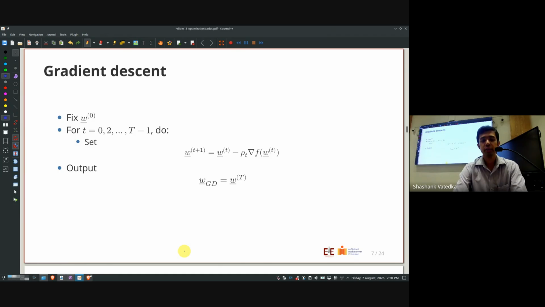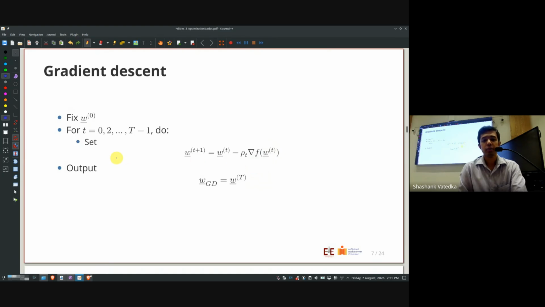You fix W0, an initial point, and then you keep moving along the direction of the negative gradient. For capital T time steps, you start with W0 and set W1 to be equal to W0 minus some rho T times the gradient of f at Wt.